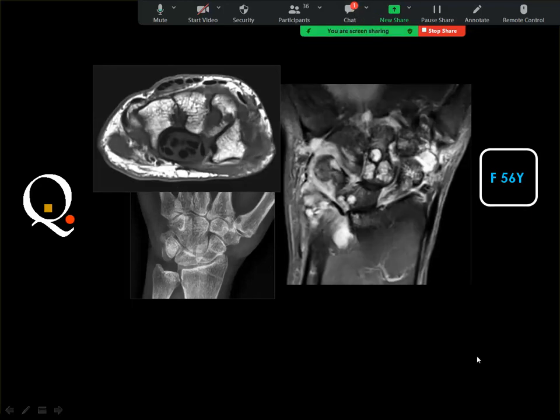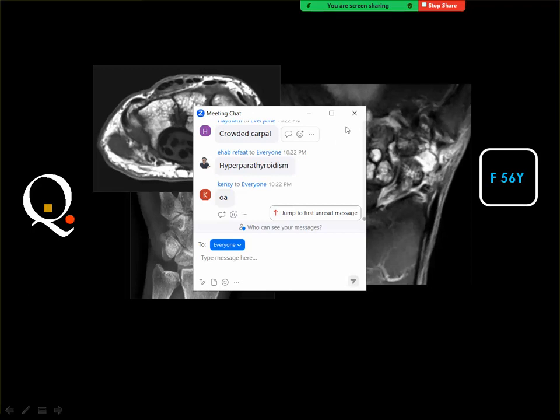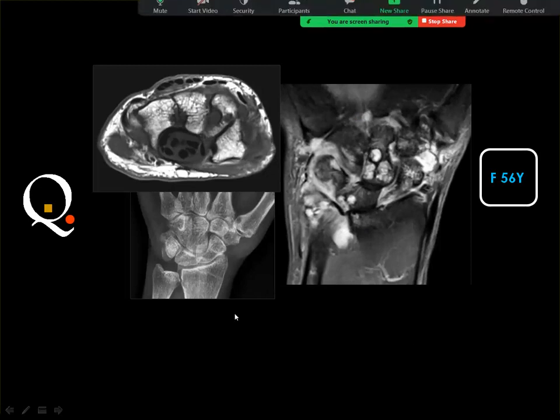Okay, and you can also see the MRI of the same case, axial T1 and coronal STIR. No, this is not hyperparathyroidism, and this is not a crowded carpus, and this is not osteoarthritis, and this is rheumatoid arthritis, of course.